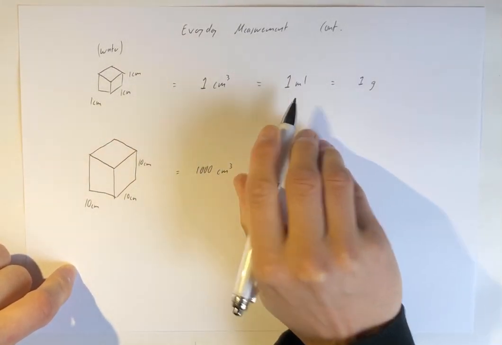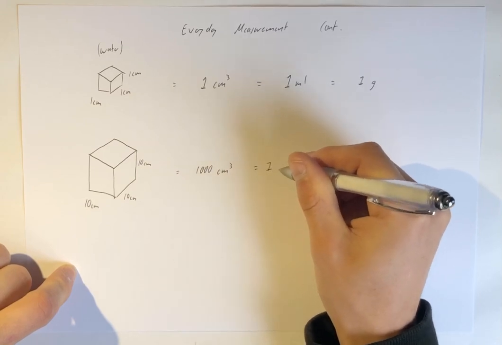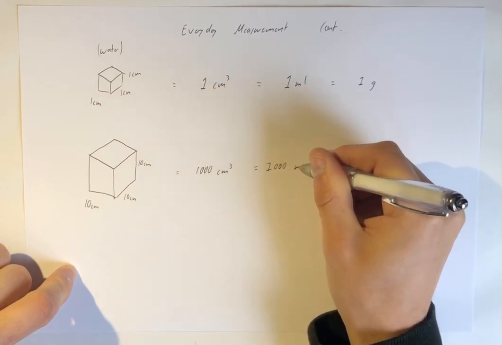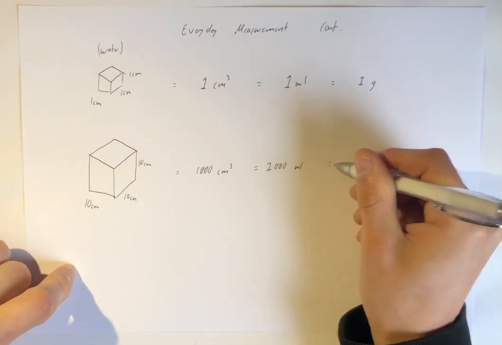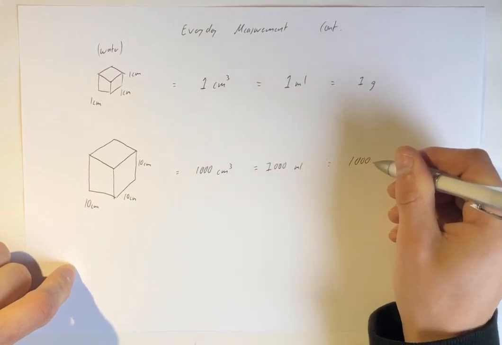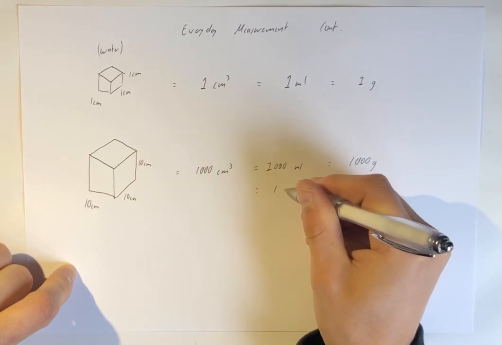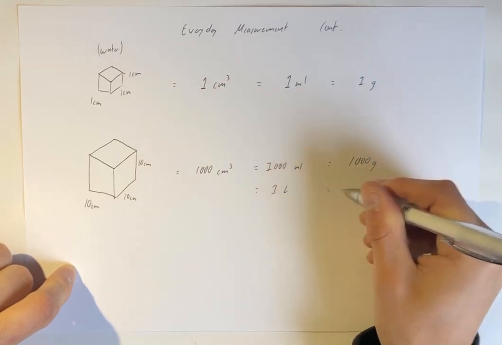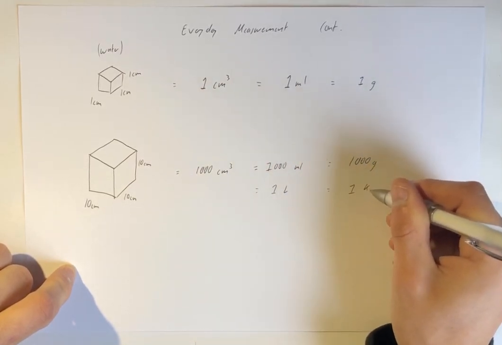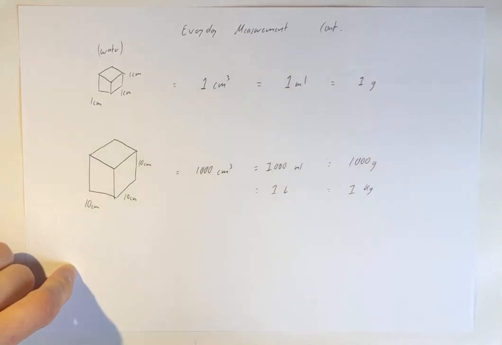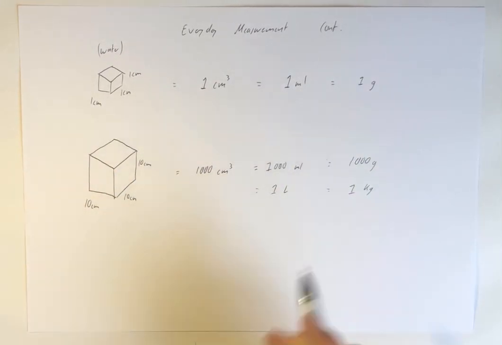Well, that means we have 1,000 mils. And that is 1,000 grams. And so that is 1 litre, and that is 1 kilogram.